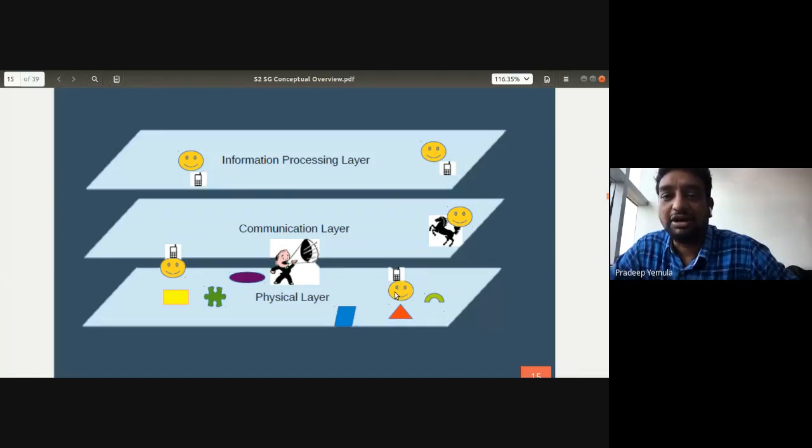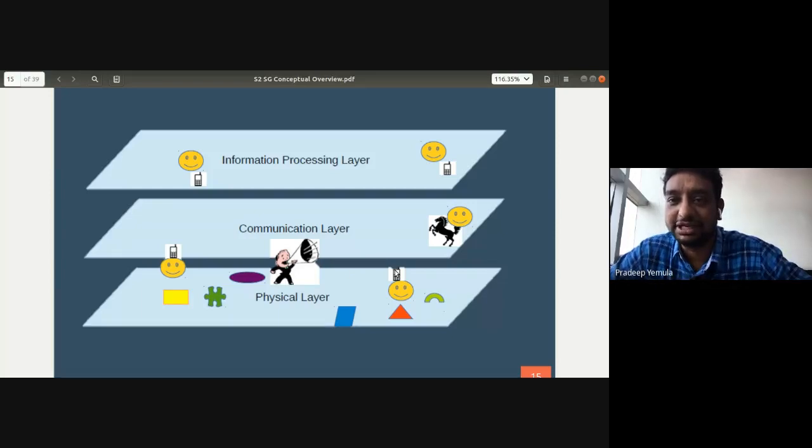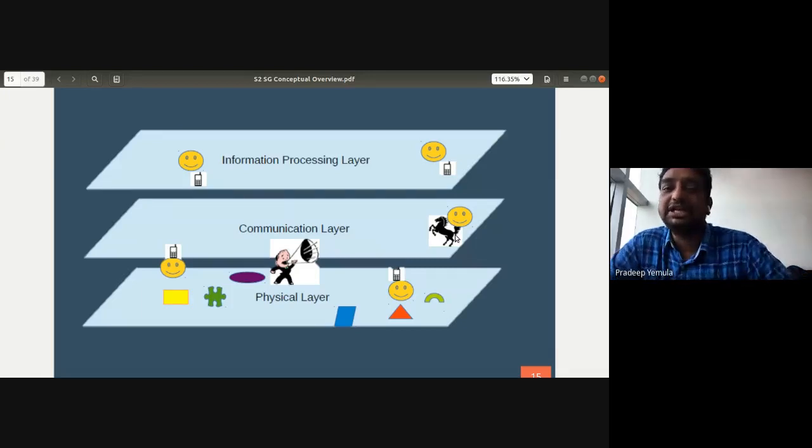That operator, using the phone, informs the control room that so-and-so equipment, in so-and-so city, so-and-so address, a transformer got failed. Like that, some failure report somebody will send. Like that, across your entire electrical grid, the physical layer changes are being communicated to higher layers. So people can use mobile phone, people can shout, people can use horse, and on the horse they can go and deliver the message. But immediately you can see this is not the best way.